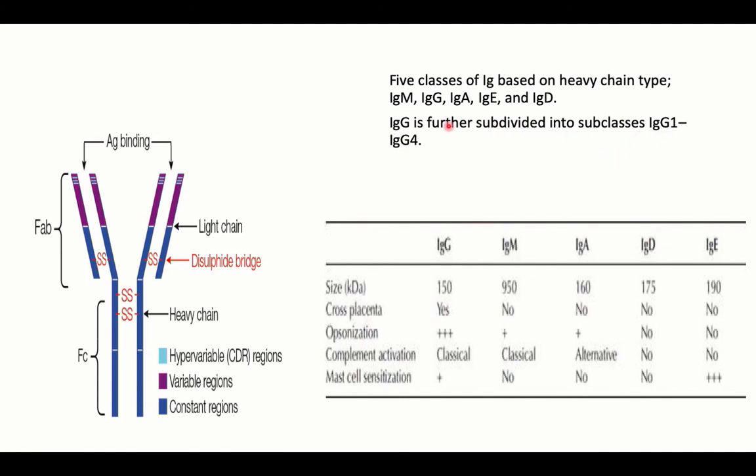This is the antigen binding site or the Fab fragment or the variable region of the immunoglobulin that contains both light and heavy chains, and these are the Fc portion, formed of heavy chains, that determines the effector function of the antibody and can affect the complement system.